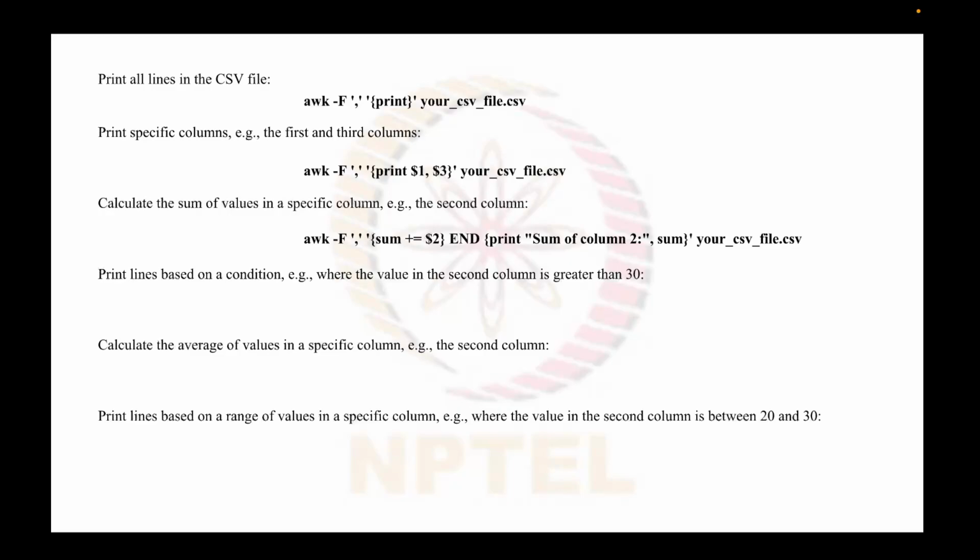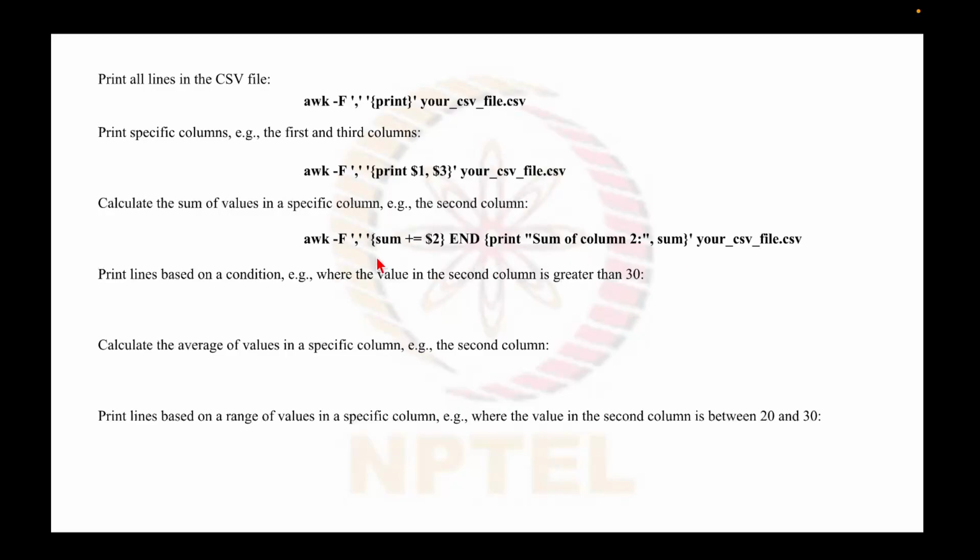So to calculate the sum, in the conditional statement of curly braces we have used sum plus equals. What is the meaning of this? Sum equals sum plus $2, the value at $2, that is the value in field 2, and in the end print the sum of column 2 in your input.csv file.